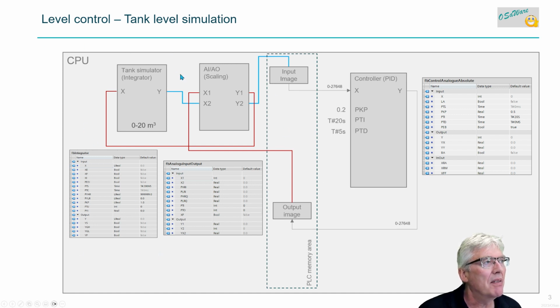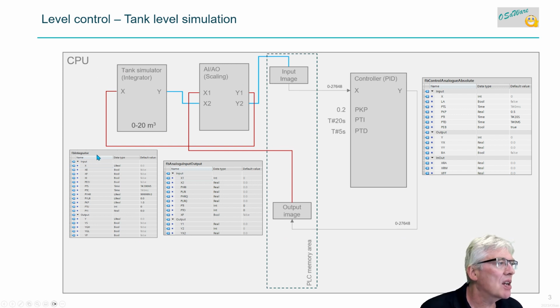So again, simulation. This is the memory in the CPU, this is just the CPU, and we do something here. We have a tank simulator, we have some input-output scaling, so the controller is working on this 0 to 27,648. We use the minimum to maximum value for analog measurements. In a schematic, it's a PID controller with some parameters, and here is the controller again, writing to the output image to the tank simulator.